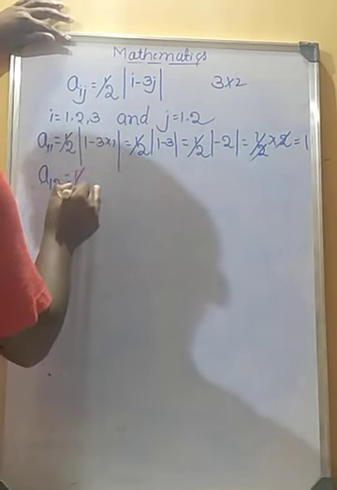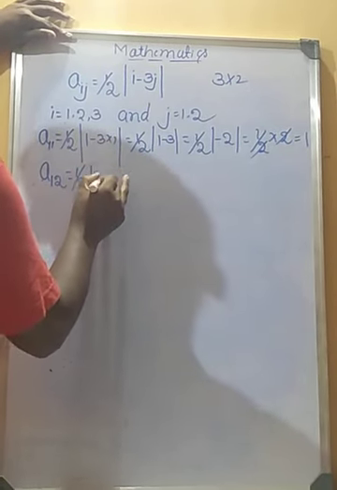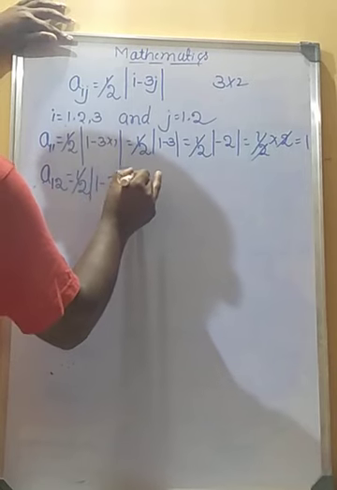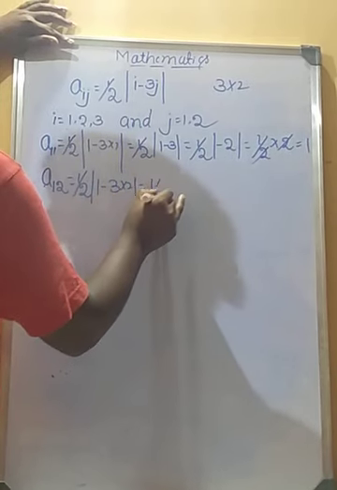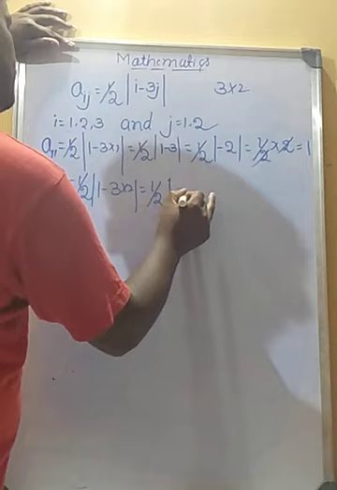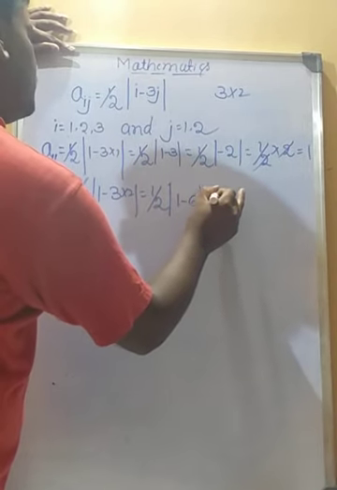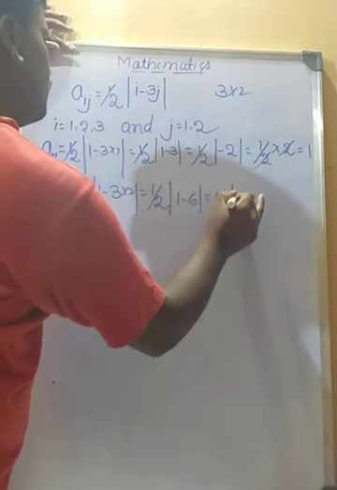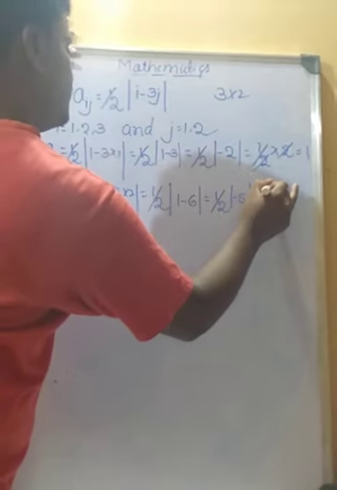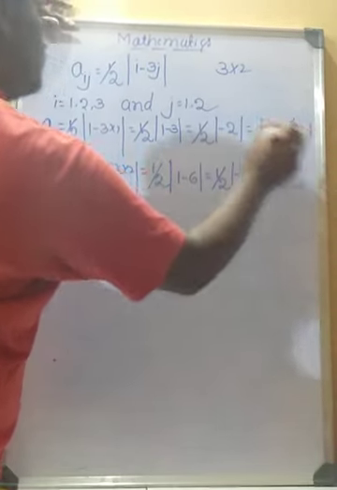A12: 1 by 2 mod 1 minus 3 into 2 is equal to 1 by 2 mod 1 minus 6, is equal to 1 by 2 mod minus 5, is equal to 5 by 2.